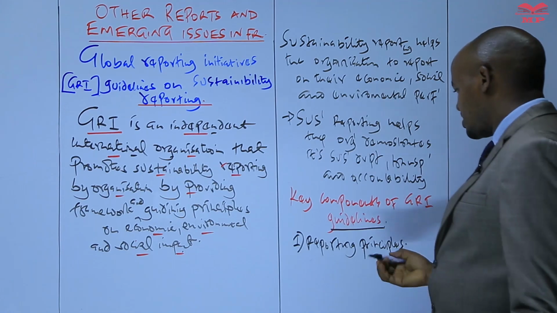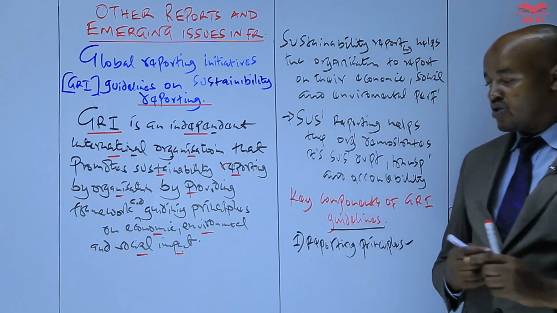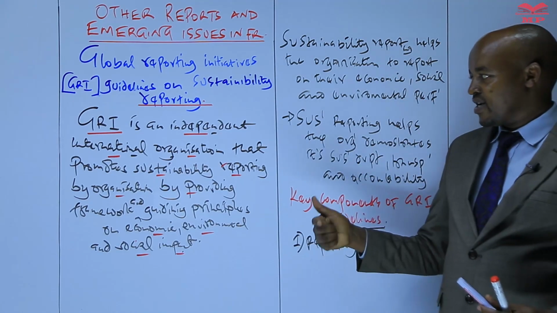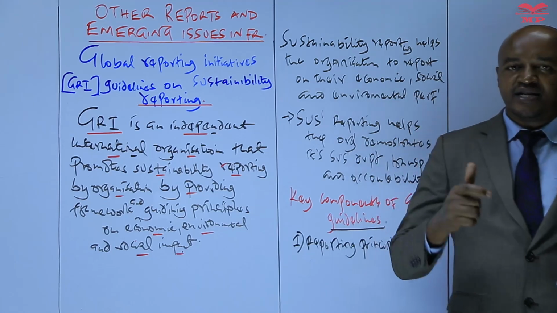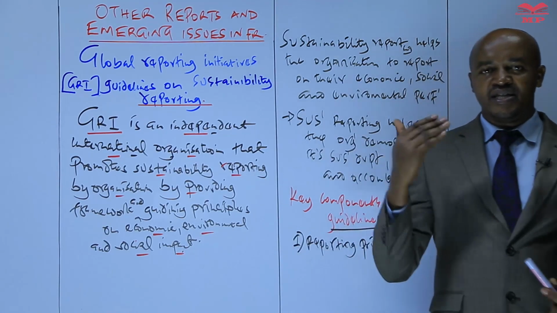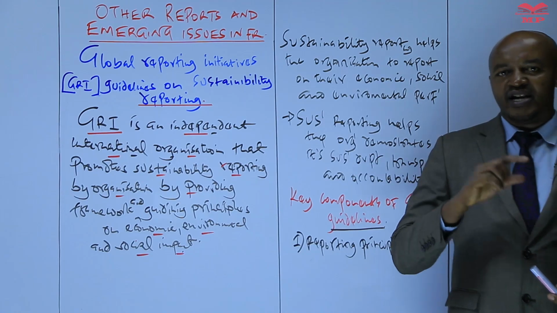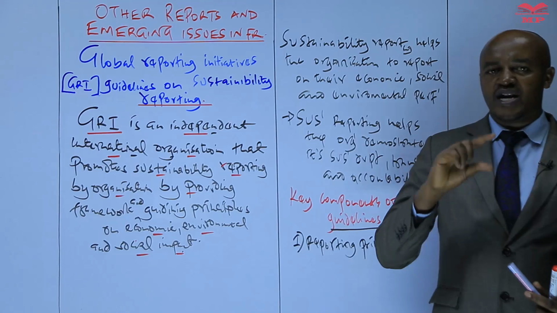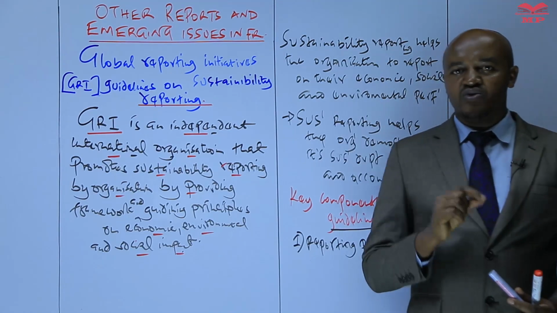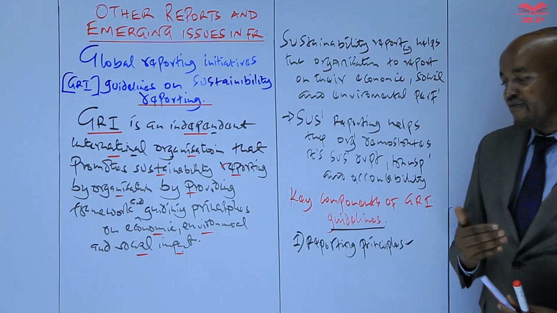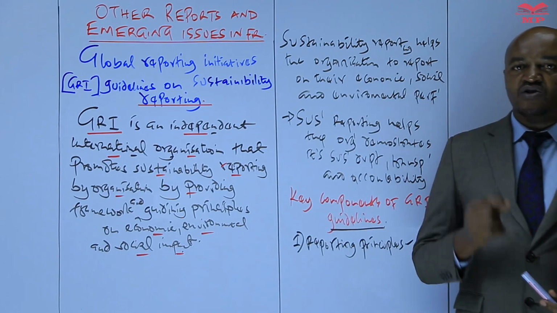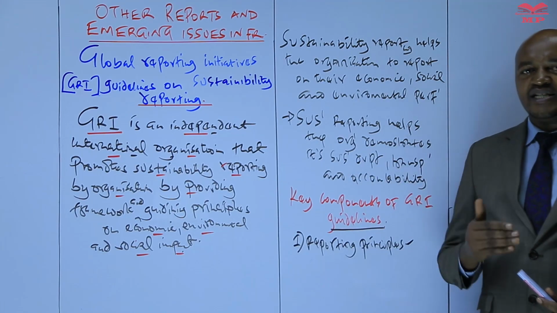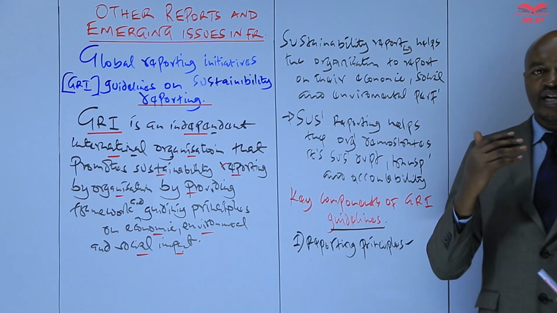When we talk about the reporting principles, we are talking of the rules to guide organizations whenever they are undertaking sustainability reporting. The Global Reporting Initiative guidelines are based on a set of reporting principles, including stakeholder inclusiveness, sustainability context, materiality, completeness, and accuracy.